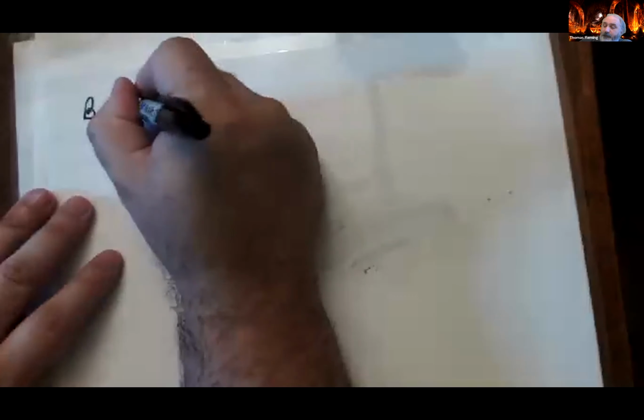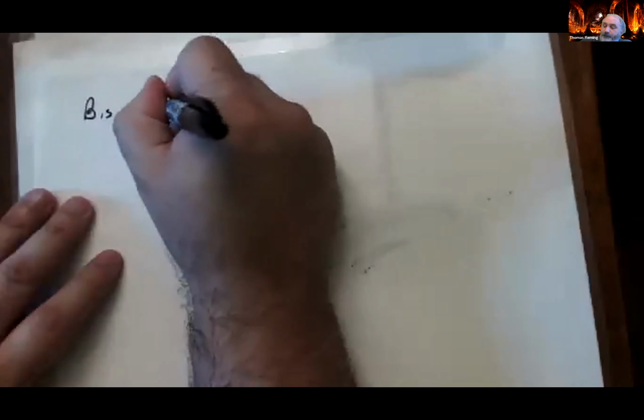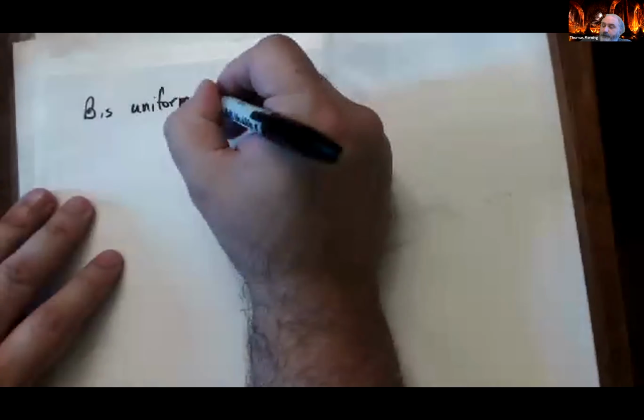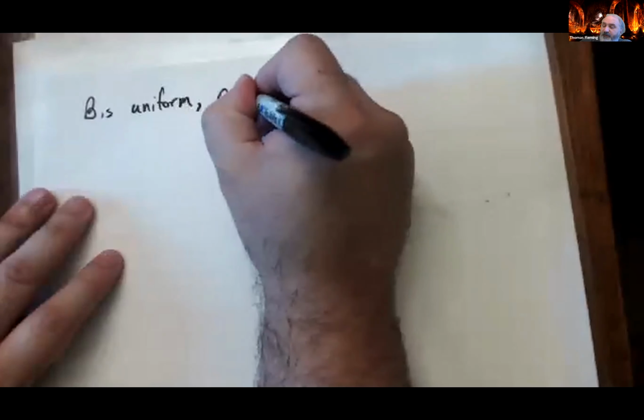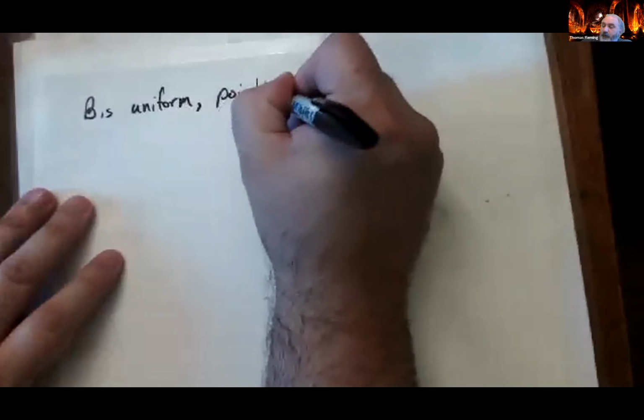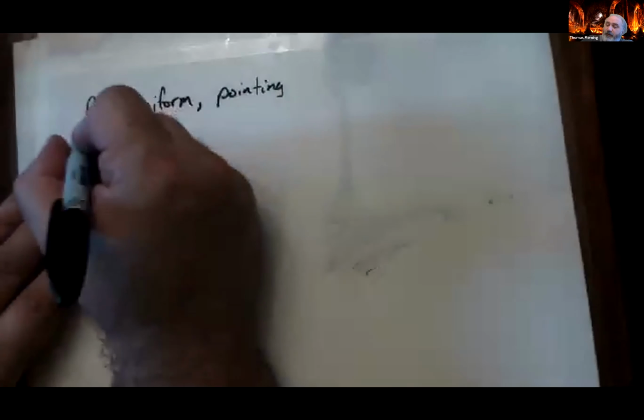Let's do a problem and let's play around with magnetic fields. And for the most part, let's go with a uniform field. So let's have a magnetic field be uniform. And let's have it pointing out of the page.